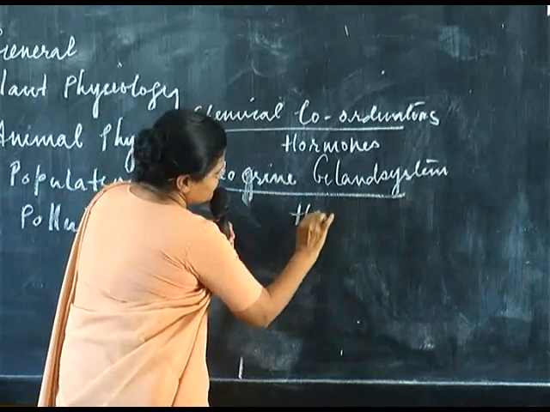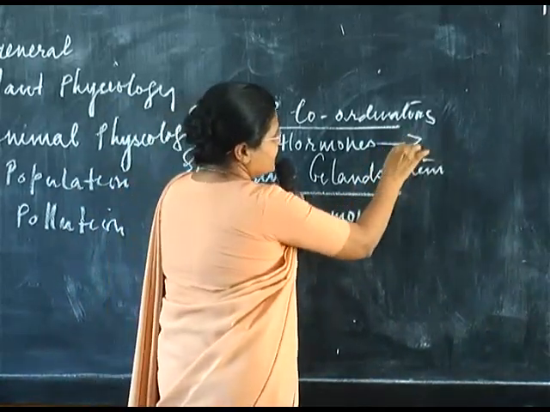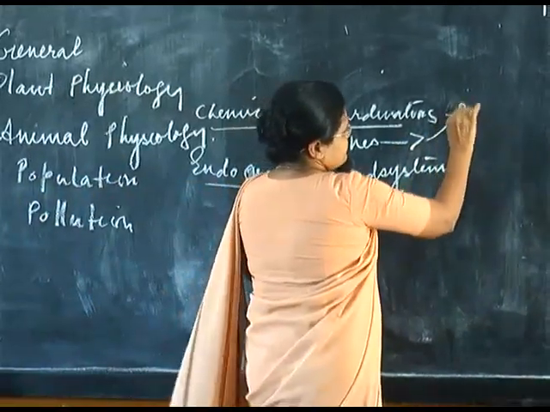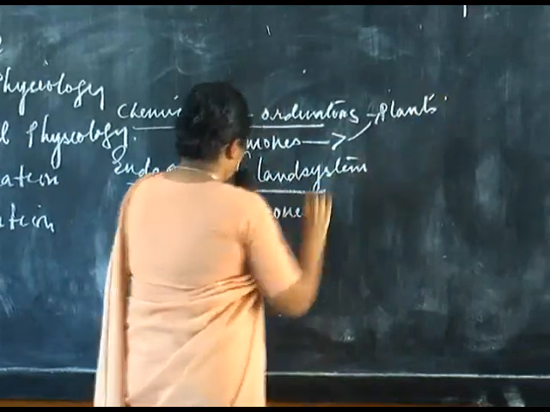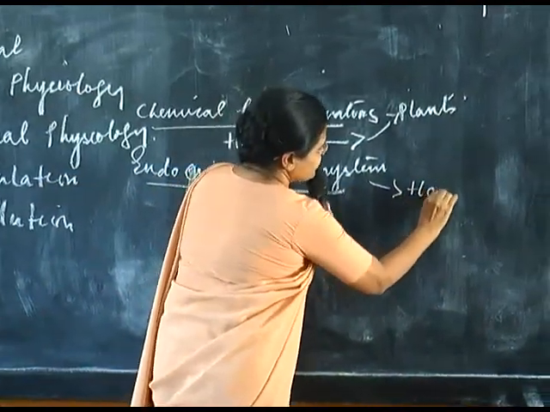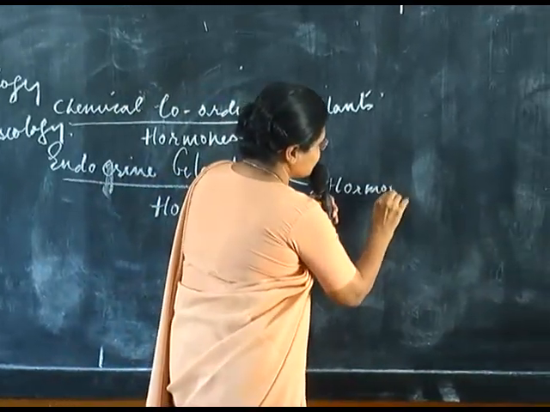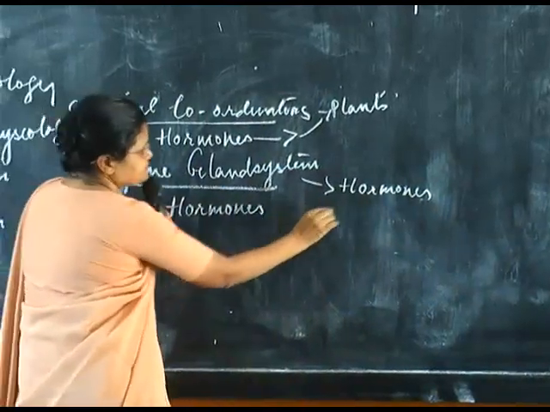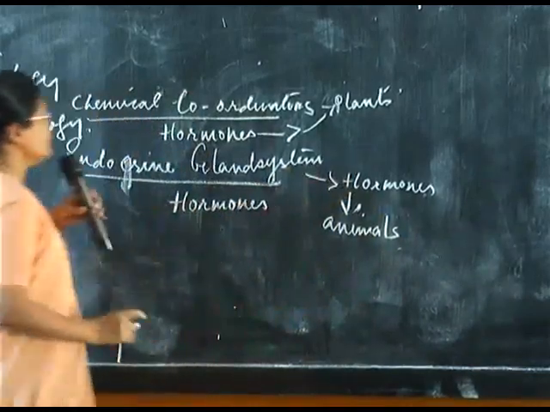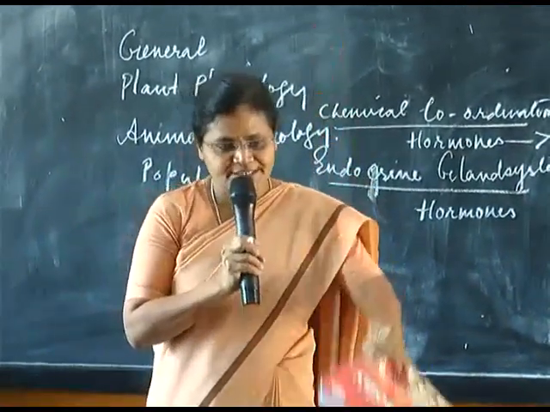This also refers to hormones, but they regulate the growth and development in plants, whereas the endocrine gland system has the hormones which regulate the growth and various metabolic activities in animals. Now that's about the entire book that you have. That's your class 10 portion.